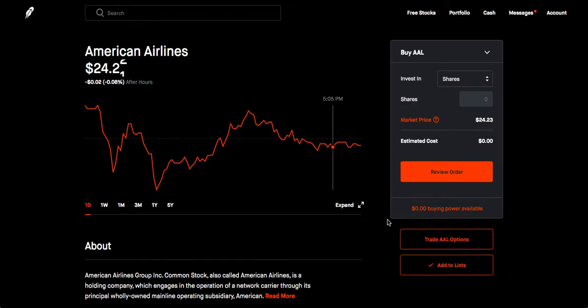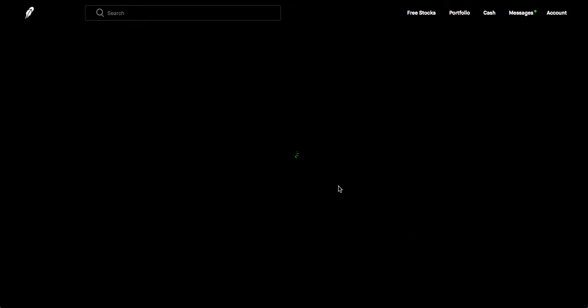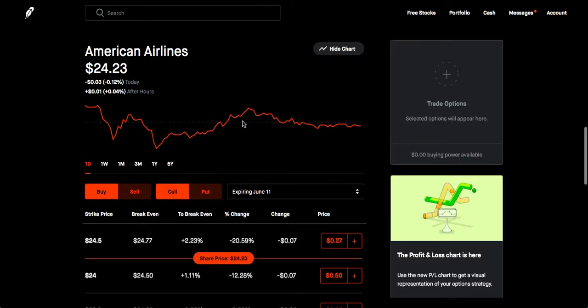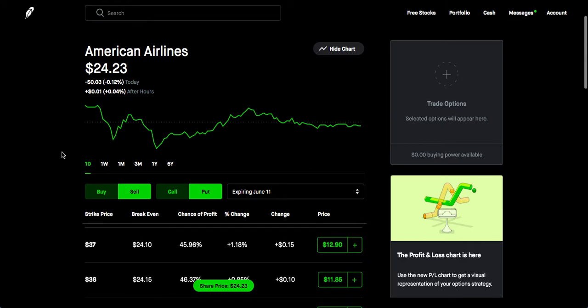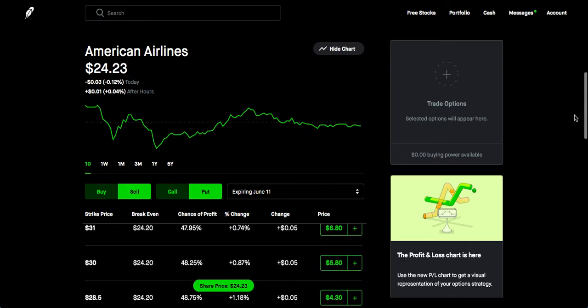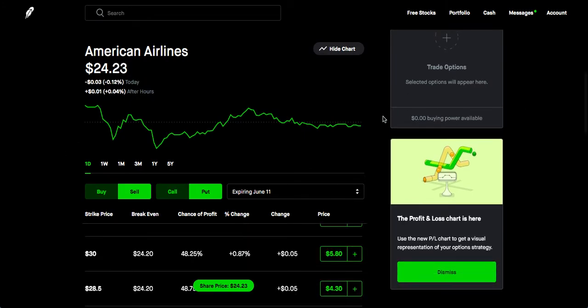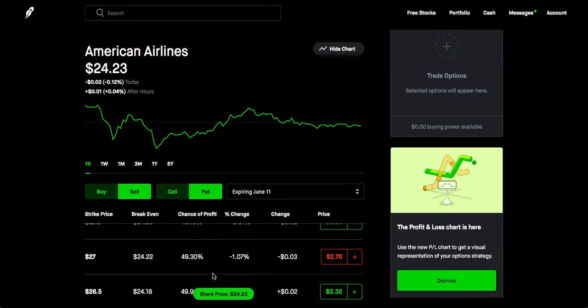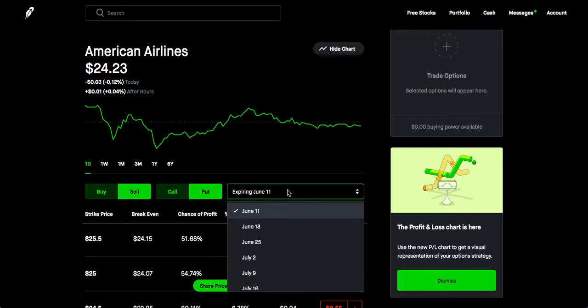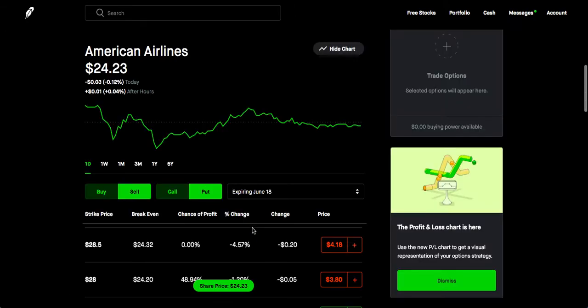It's a relatively cheap stock, and you can do it with any amount of money for this. So if we want to do a put credit spread on American Airlines, we can simply start off by going to the options chain right over here and clicking this button, sell put. And we go down to the price that we want to do. So we're going to do next week because this week is already midway through.